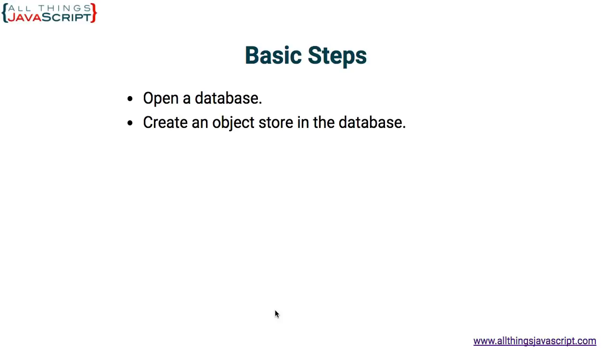The object store basically defines a structure for the data you want to store. It is like defining a table in a traditional database. When the data is placed in a store, it is tracked with a key. So we need to specify what that key is as a part of creating the store.